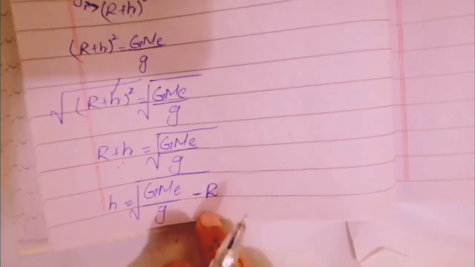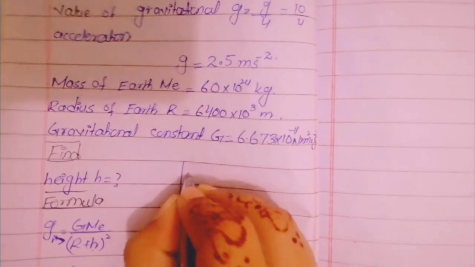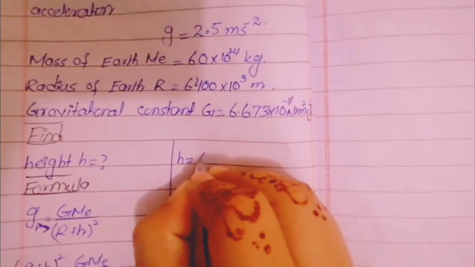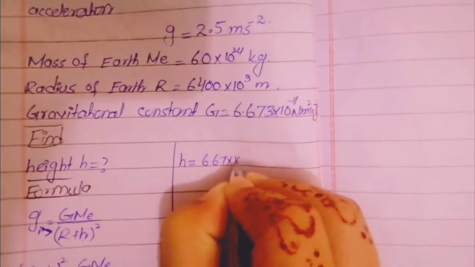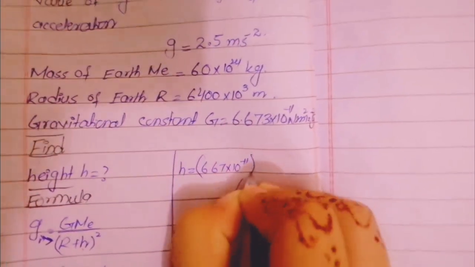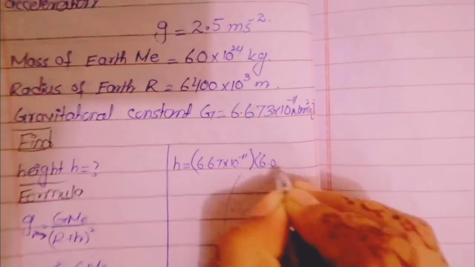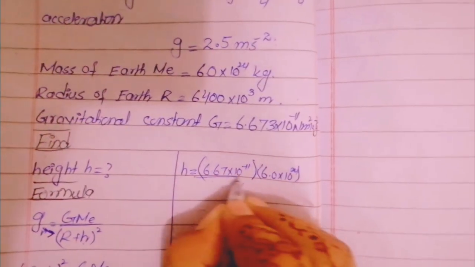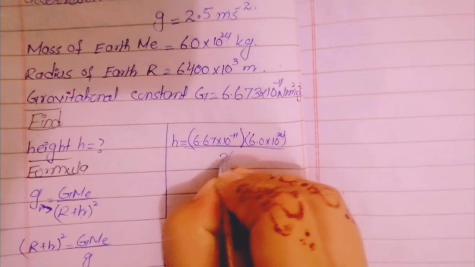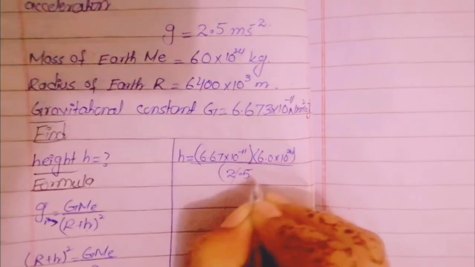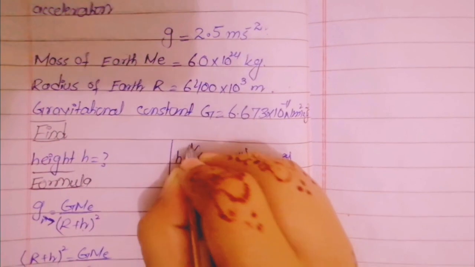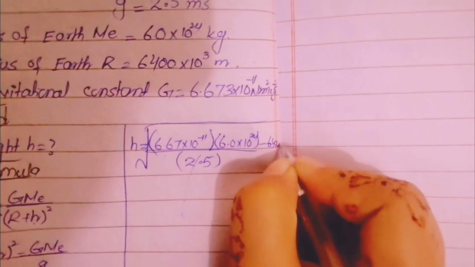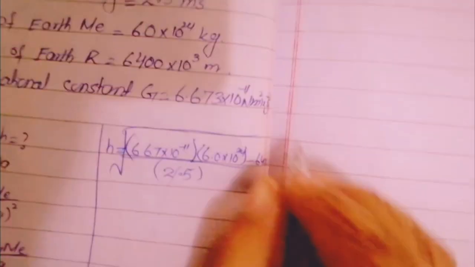Now we will put the values inside the formula. H is equal to the square root of G, 6.67 multiplied by 10 raised to power minus 11, value of M 6.0 multiplied by 10 raised to power 24, over the value of g 2.5, and minus the value of R, 6400 multiplied by 10 raised to power 3.